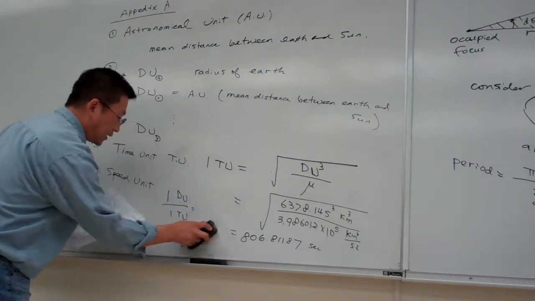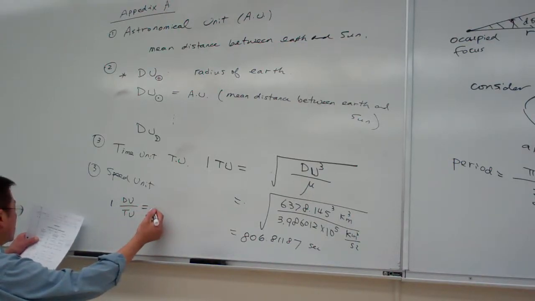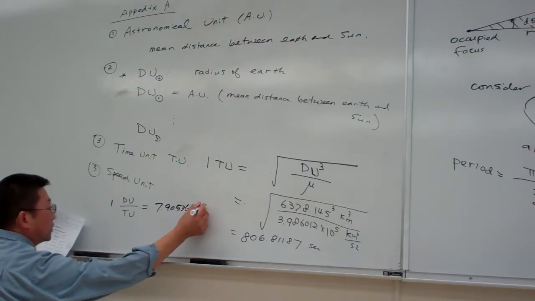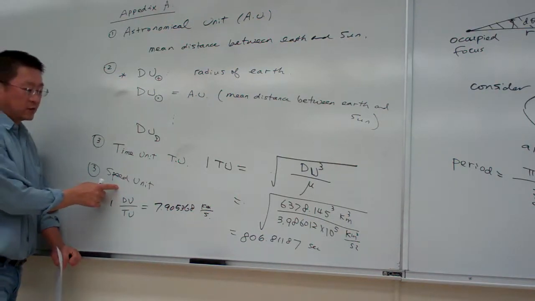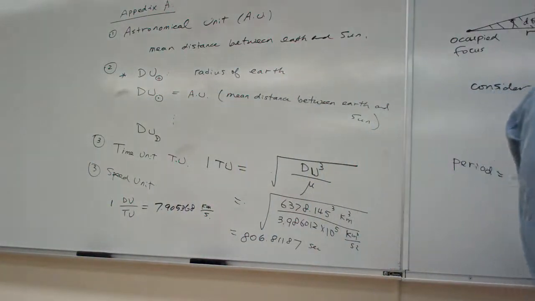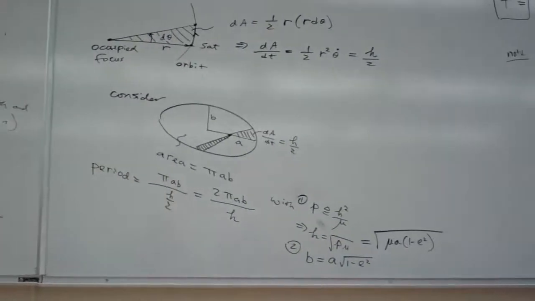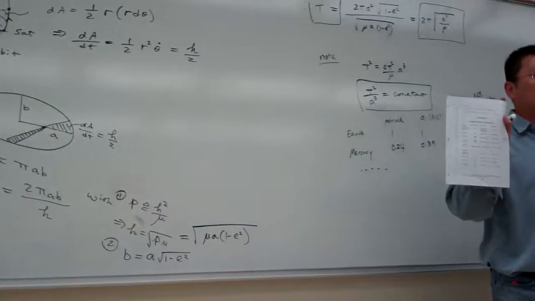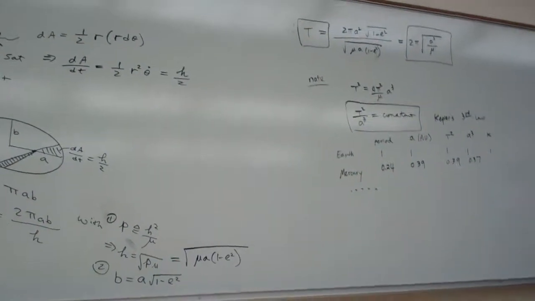Let me write it up here. 1 DU per TU is equal to 7.905368 kilometers per second. Again, this is a derived quantity based upon the definition of TU. That is in Appendix A, and Appendix A is the common one. If in the future or in the homework you refer to TU and DU, then you simply refer to the appendix. That is the number we try to unify, so we stick with Appendix A.